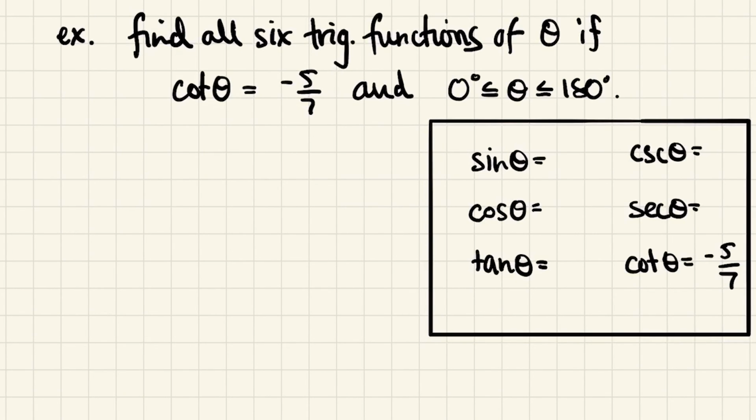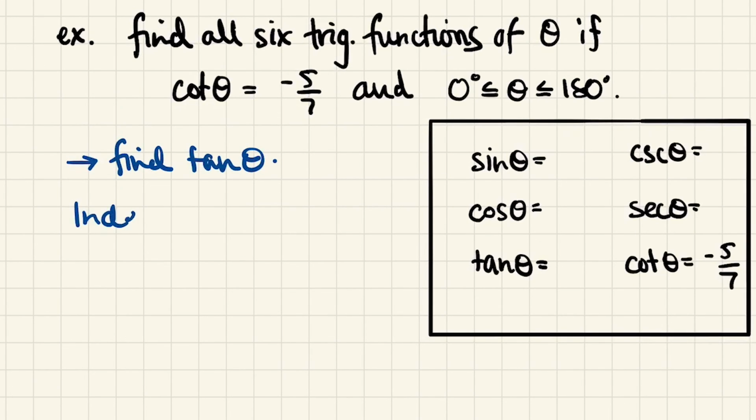So we want to appeal to the identities that we know to figure out the rest of these function values. Now, tangent's really easy to get because it's just the reciprocal of cotangent. So let's find that one first.